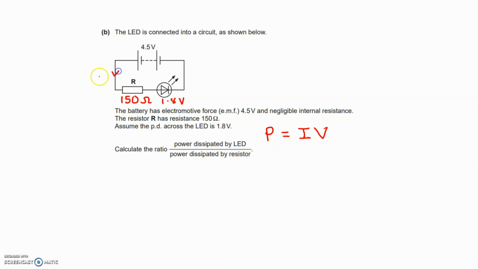Well, we need the current, and if the EMF is 4.5 and the potential difference across the LED is 1.8, then the potential difference across the resistor is 2.7 volts.